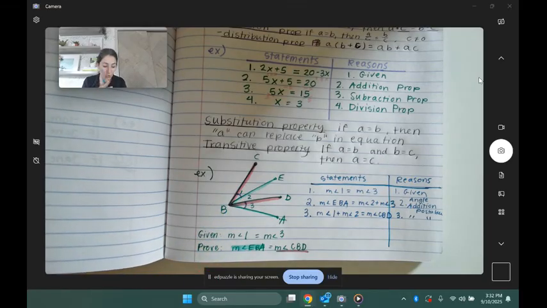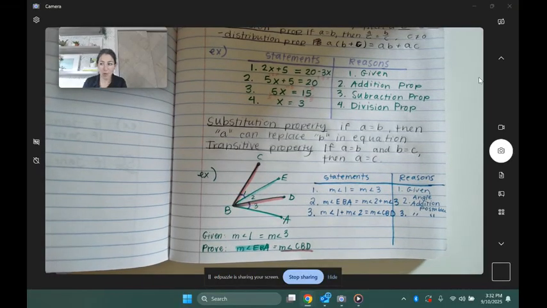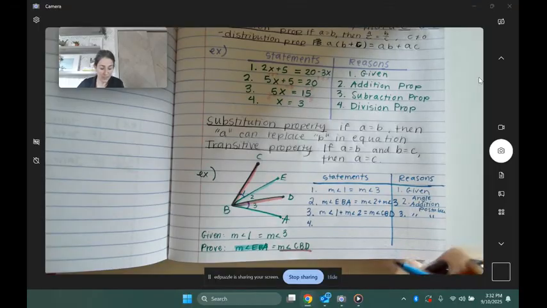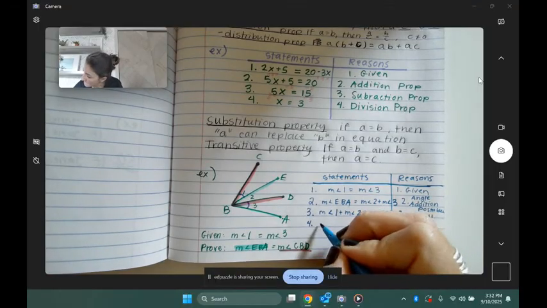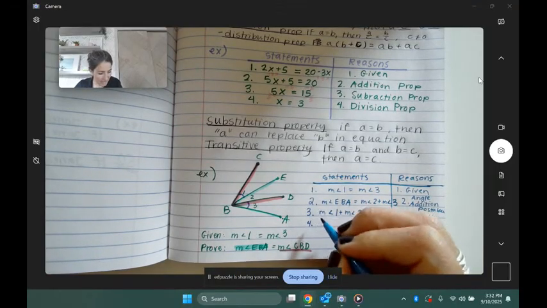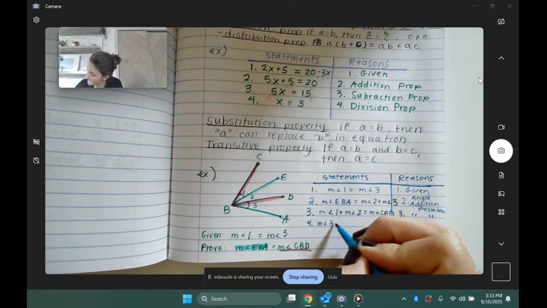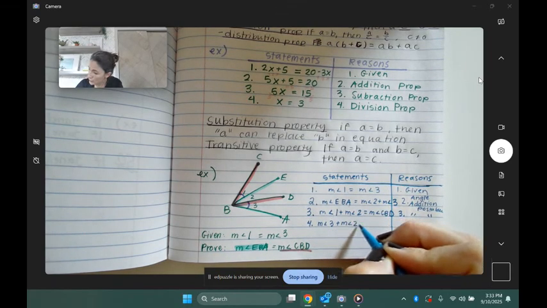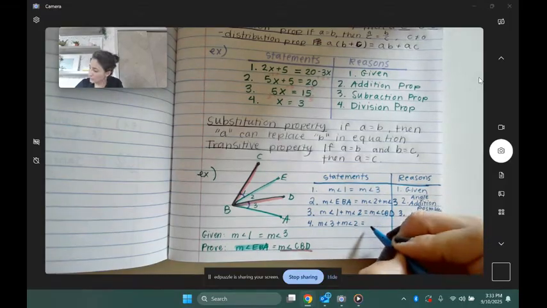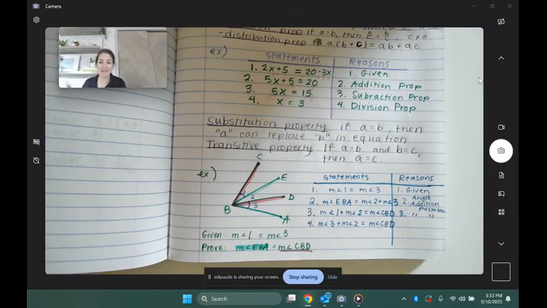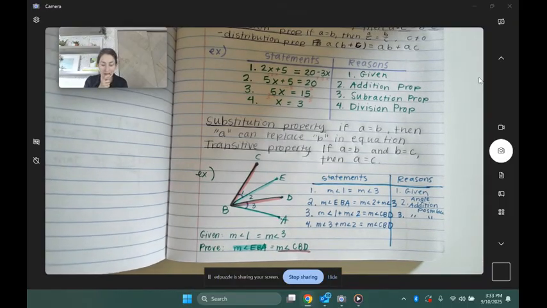Okay, great. Now, step number 4. I can write here that the measure of angle 3 plus the measure of angle 2 equals the measure of angle CBD. Does anybody see what change I made?